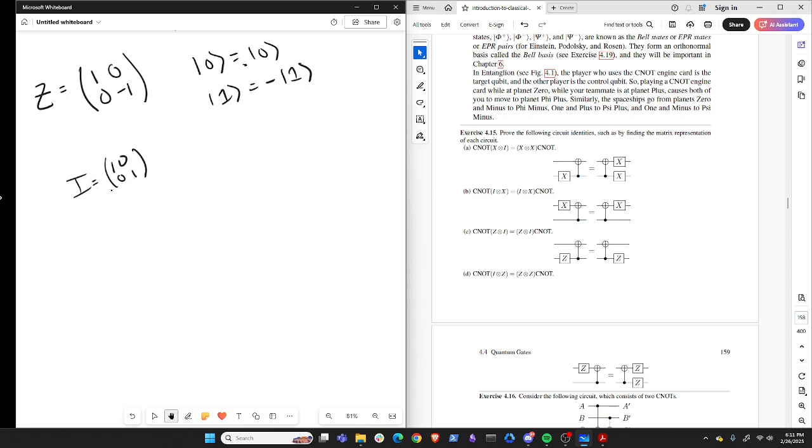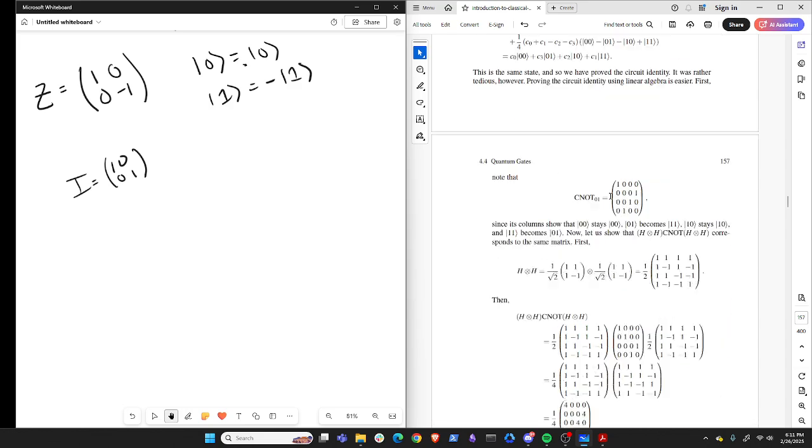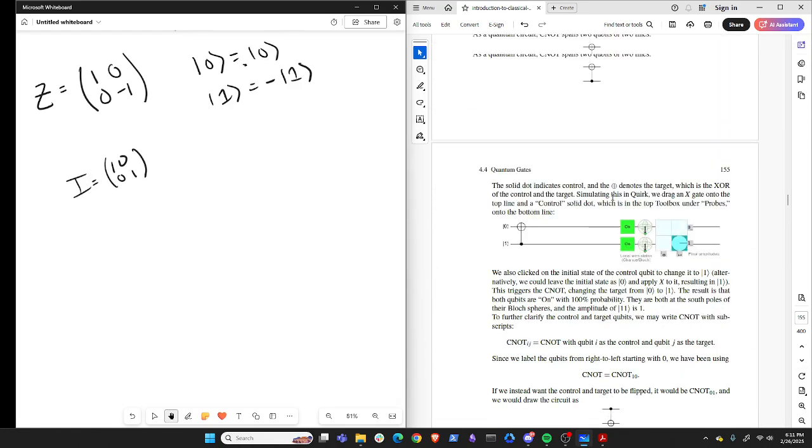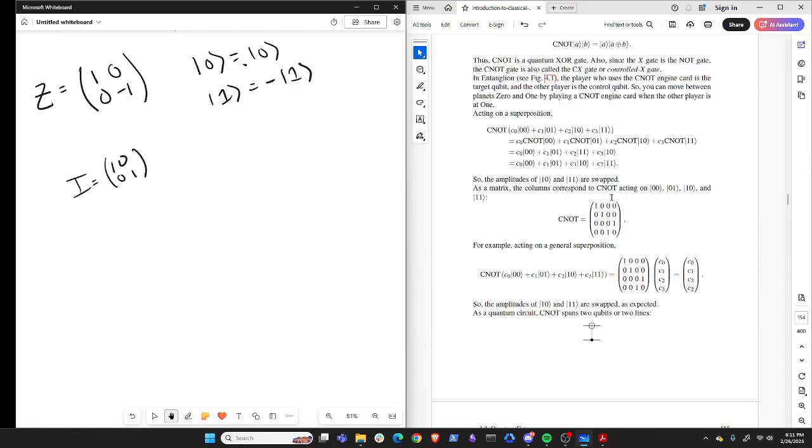And C0, the matrix form of C0 is 1, 0, 0, 0, 0, 1, 0, 0. Basically the identity matrix, but with the last little 2x2 block transposed.